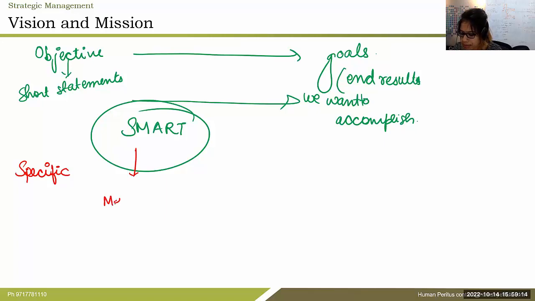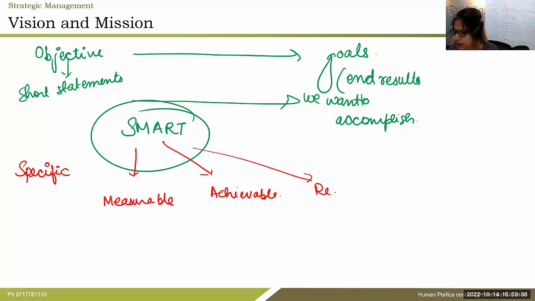It should be measurable. It should be achievable. Achievable as in, you cannot make a complex goal that you do not have the capacity or capability to achieve, and still want to achieve it. So it should be achievable.